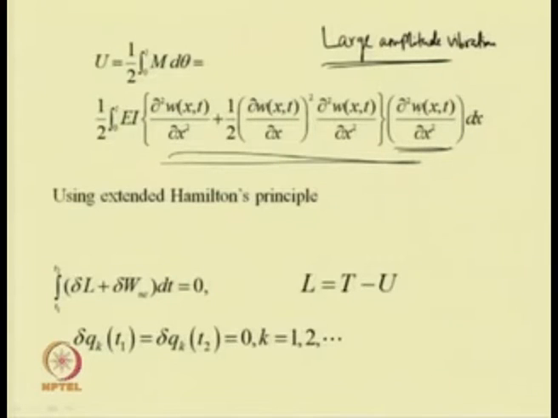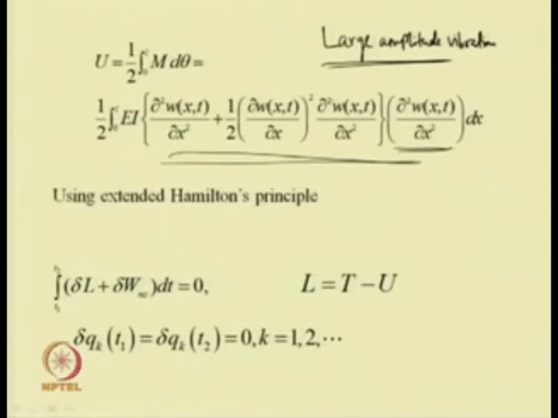So, in this case one can have U equal to half E I del square w by del x square whole square, or one can take del square w by del x square common. Then it becomes 1 plus half del w by del x whole square into del square w by del x square. So, one additional term one gets in this case, that is half del w by del x whole square. This term will lead to the nonlinear terms if one derives the equation of motion.